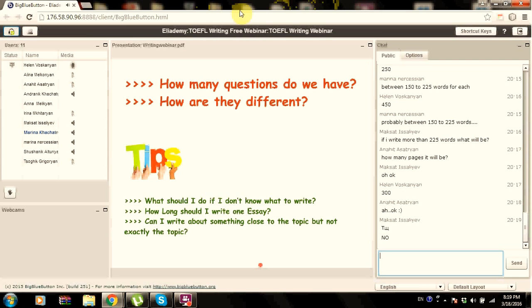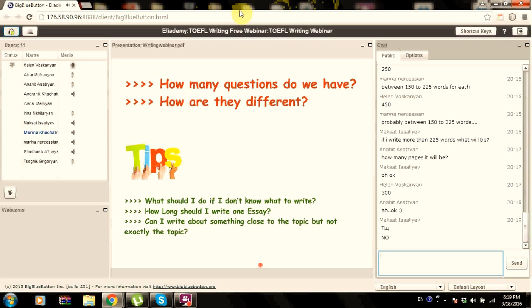Even if you write about something very close to the topic, to the question, it's not what they want you to do. If you write something different, that means you didn't understand the question, which means you don't understand English well enough, and your essay probably would not get many points.